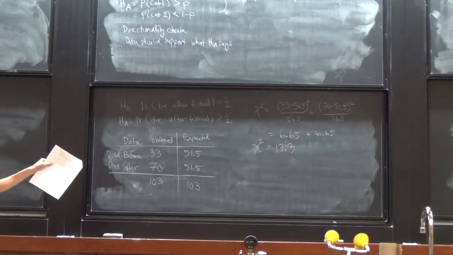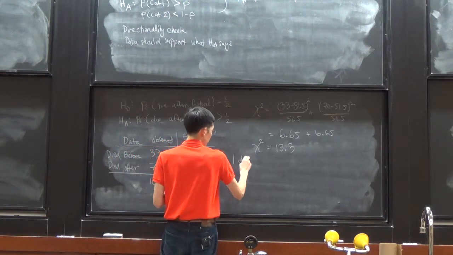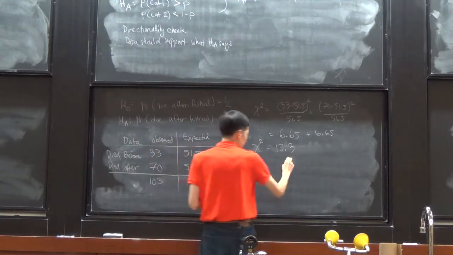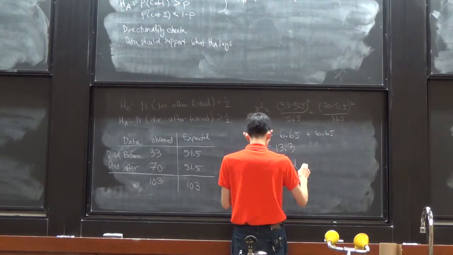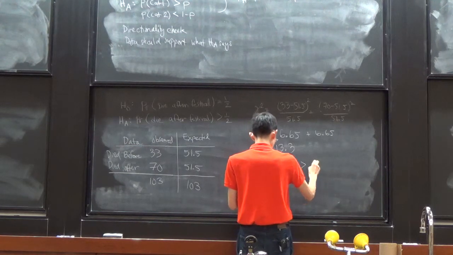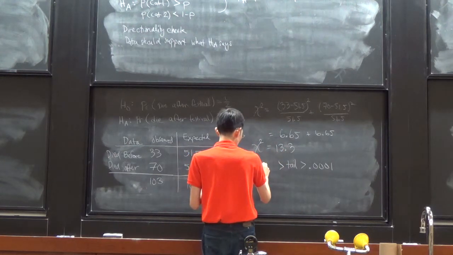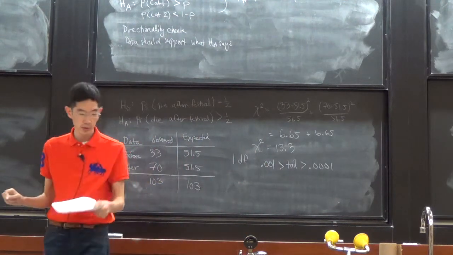So I go to my chi-squared table. I have 1 degree of freedom. And I find that my tail probability at 13.3 is between 0.0001 and 0.001.